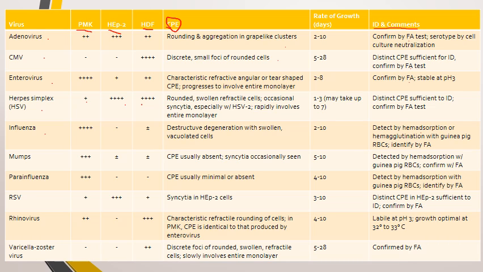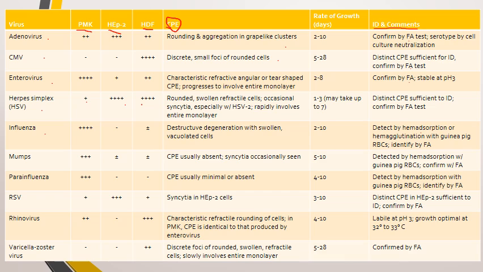These are the cytopathic effects characteristic of each of the different viruses: grape-like clusters with adenovirus, discrete foci in rounded cells with CMV. If you see this type, it is characteristic of that particular type of virus.